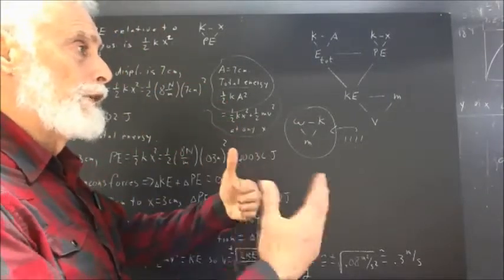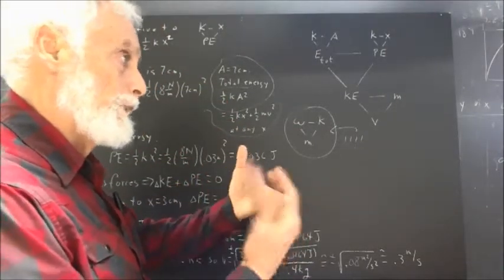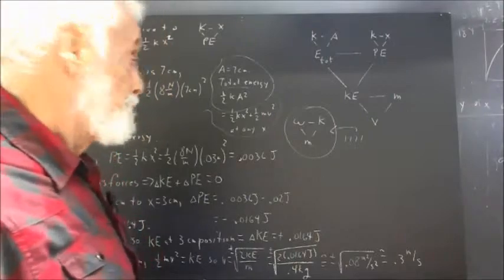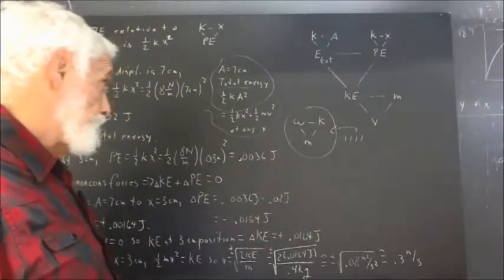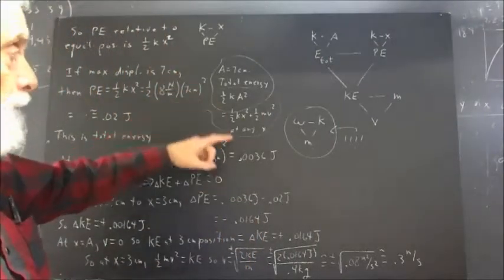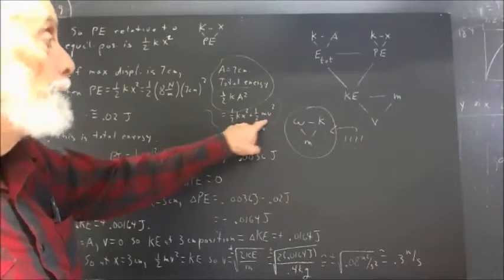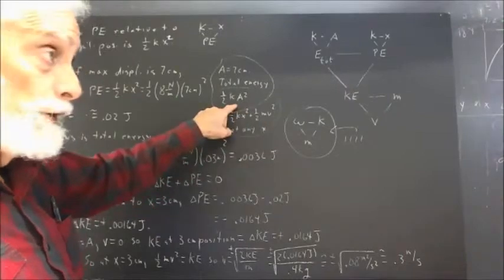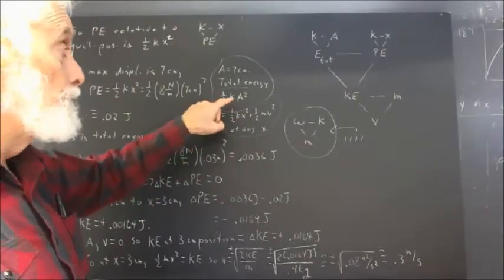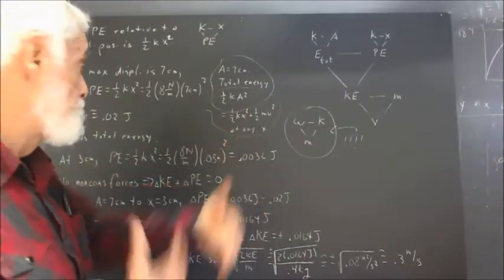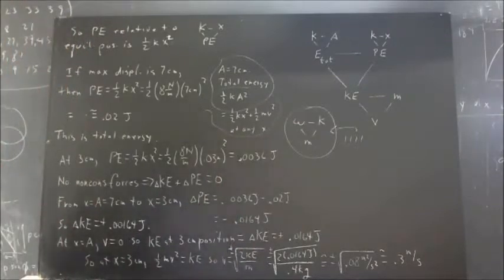You set the thing in motion, it continues going forever until something brings it to rest, until you decide to stop it, let's say. And in that case, the sum of the potential and kinetic energies is at every point the same, and that's equal to the total energy, which is the potential energy at maximum distance from equilibrium.